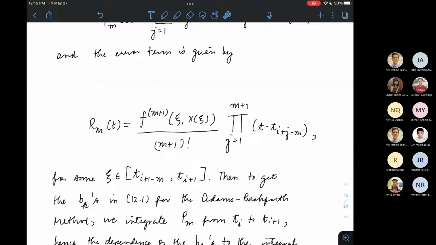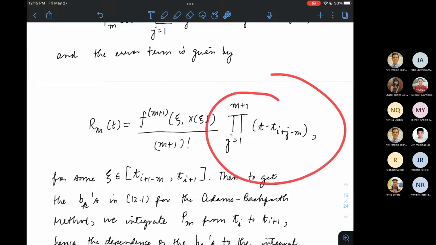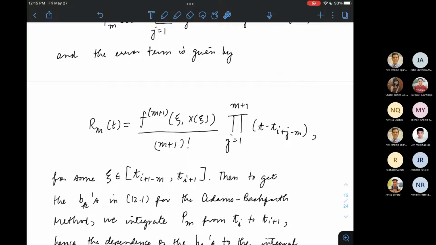Dito sa Adams Moulton, nadagdagan siya ng isang degree. Nadagdagan ng isang order yung derivative, pero ang crucial thing doon, nadagdagan ng isang multiplier, isang linear factor, yung nandito sa product. So that means we are gaining 1 degree of accuracy. And that's the advantage of including another time step.